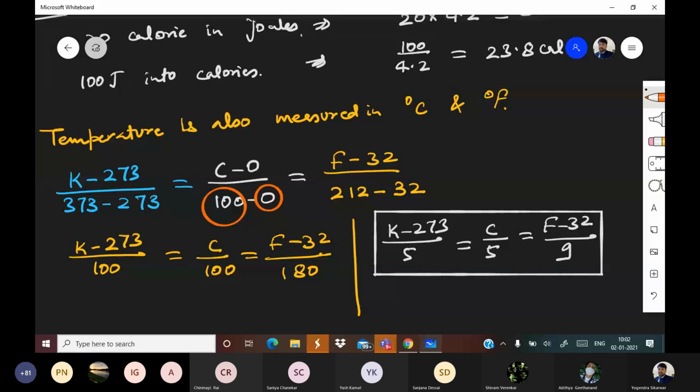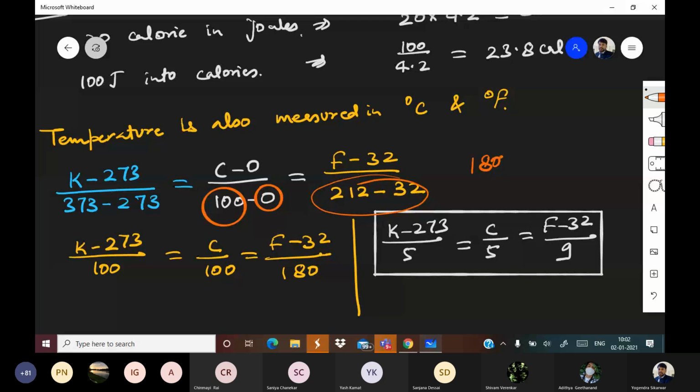Similarly, in Kelvin also it is 100 units. But in degree Fahrenheit, this gap is 180 units, because 212 minus 32 is 180. Why is this 180 creating a difference? Let me tell you. This 180 gap is enhancing the sensitivity of the thermometer.